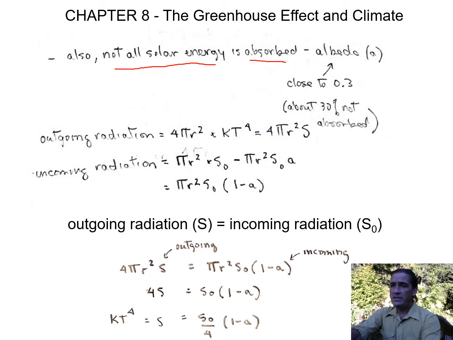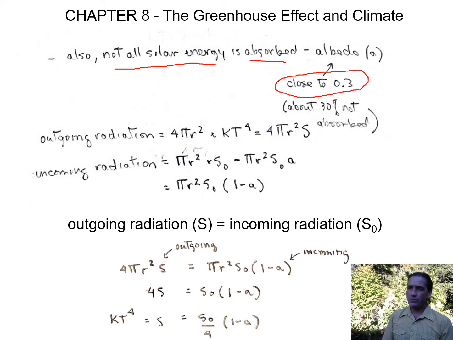So there's many different surfaces on the Earth that don't absorb the energy very well and reflect it back into outer space. And so what we can say is that close to about 30% of all the energy is just reflected back and not absorbed.